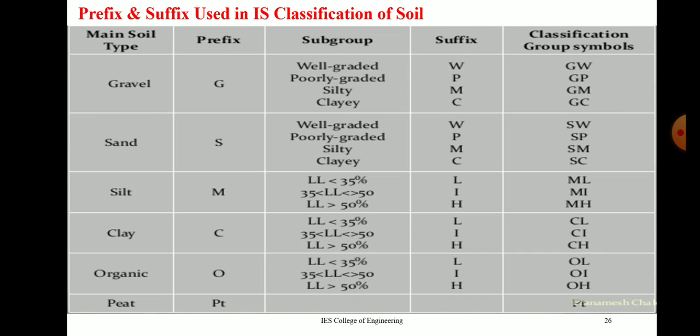The prefix used for gravel is G, sand is S, silt is M, clay is C, organic is O and peat is PT. The soil has some subgroups like well graded, poorly graded, silty and clayey. The suffix used for well graded is W, poorly graded is P, silty is M and clayey is C.